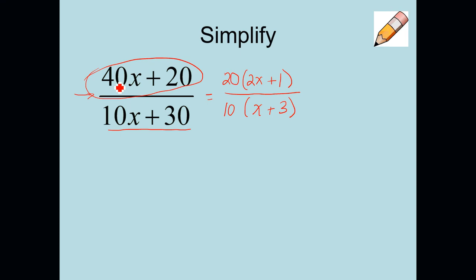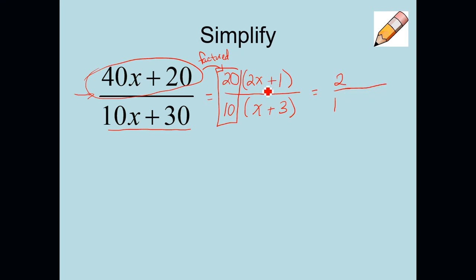Now notice I've turned this expression into a multiplication fact. 20 times 2x plus 1, that quantity, is the same as 40x plus 20, but I've now turned it into multiplication. I have factored it. And that now means that I can cancel or simplify things. I can look at this 20 over 10 and say 20 divided by 10 reduces to 2 over 1, right?